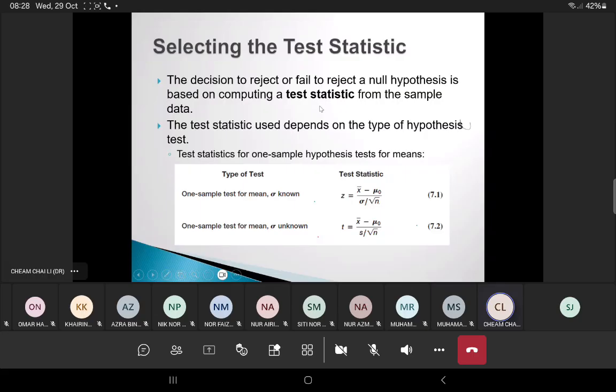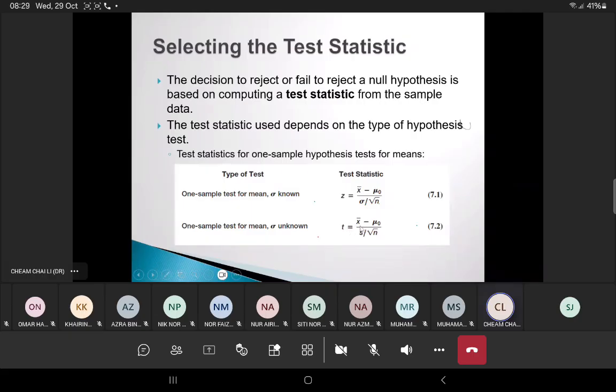So kalau kita nak cari test statistic, you need this formula. You have to check whether you have sigma known atau sigma unknown. If sigma is known, you use the Z test statistic. If sigma is unknown, kita guna T test statistic. So let's assume that we have unknown standard deviation, so kita akan guna T test statistic.